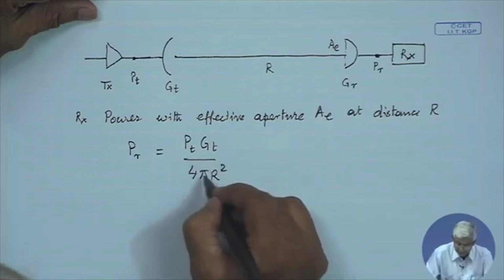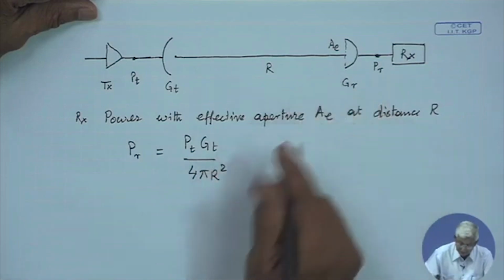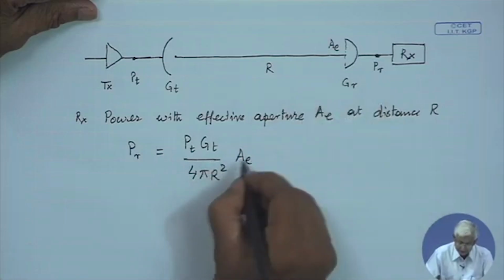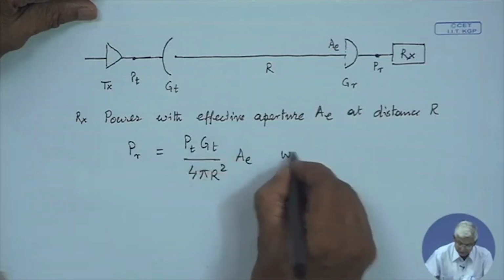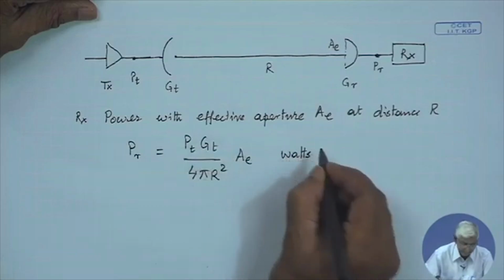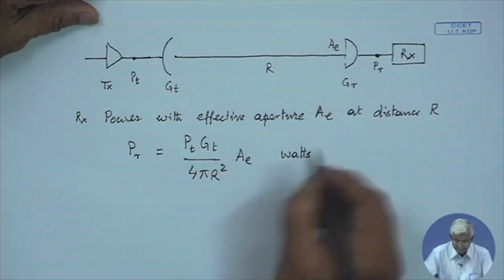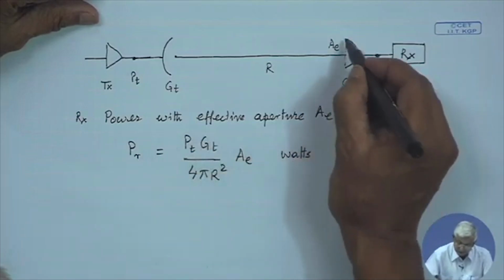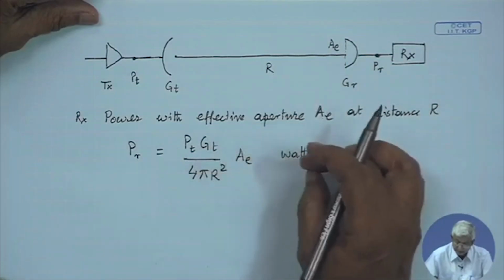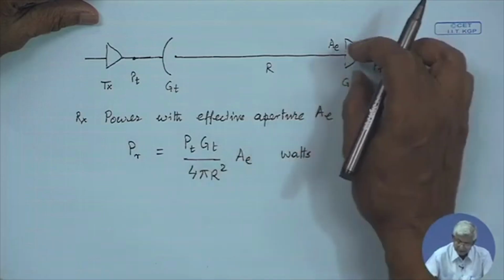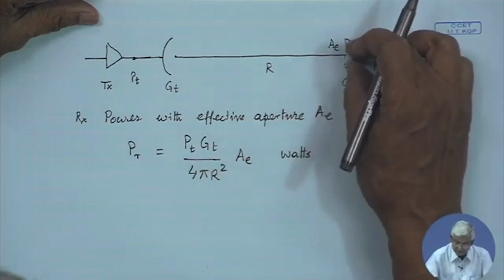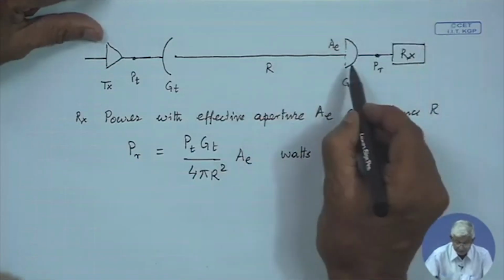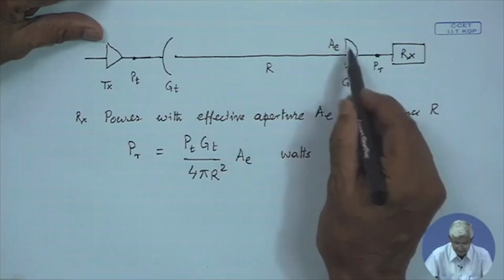This is watt per meter square, and an effective aperture of that many meter square will capture this, so it will be in watts. Now, if I go on increasing the effective aperture, I will capture more power. If the antenna aperture is smaller, I will capture less power. Therefore, antenna aperture is a very important issue.